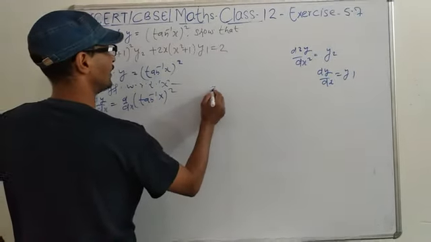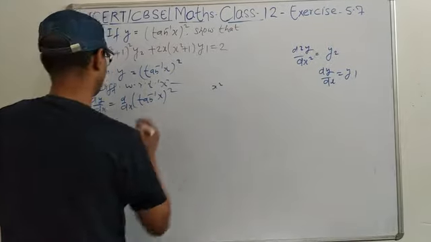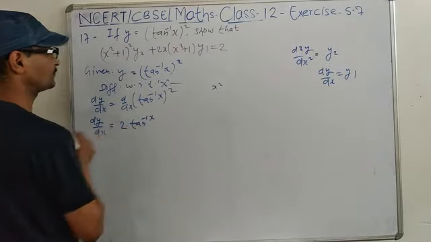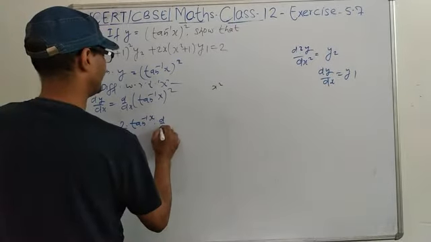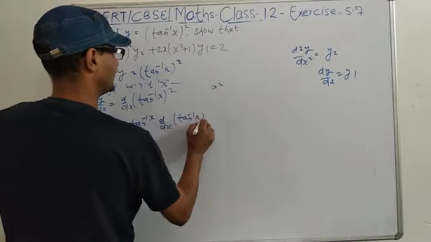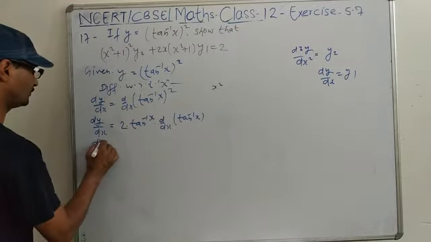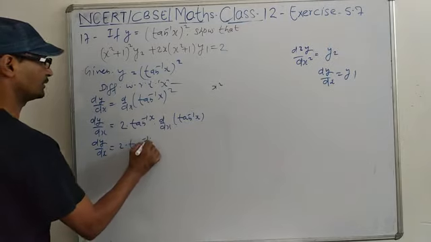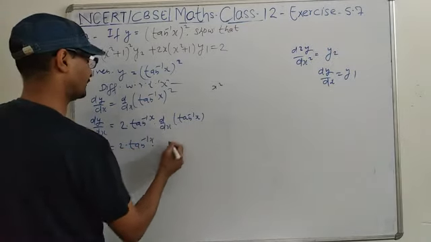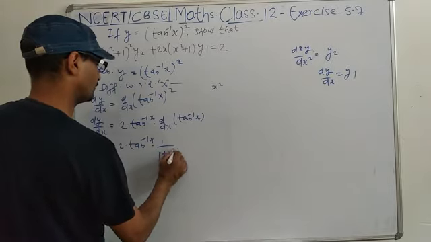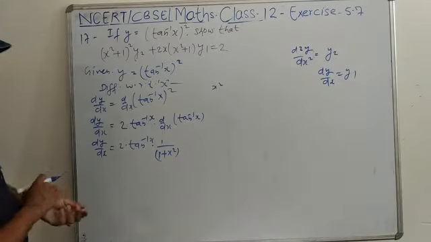Suppose it is x square, so derivative 2x, that means 2 into tan inverse x, and again d/dx of tan inverse x by chain rule. So dy by dx is equal to 2 into tan inverse x into derivative of tan inverse x, 1 upon 1 plus x square.